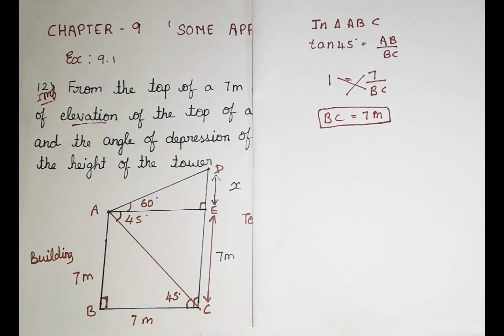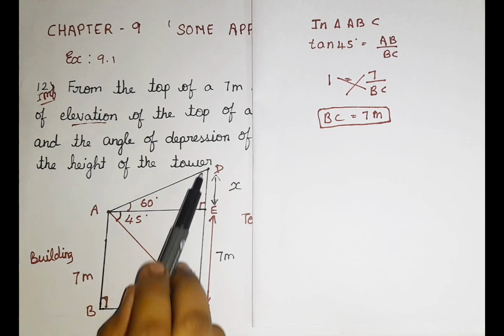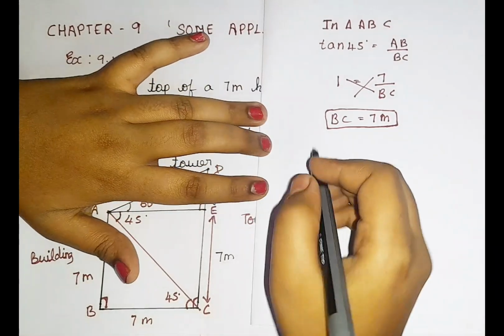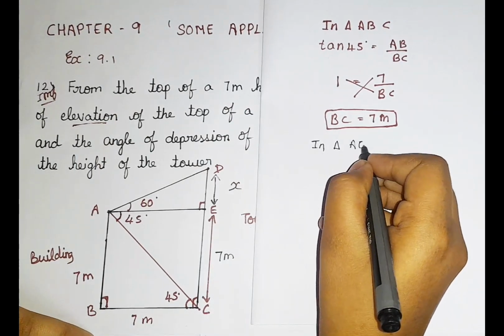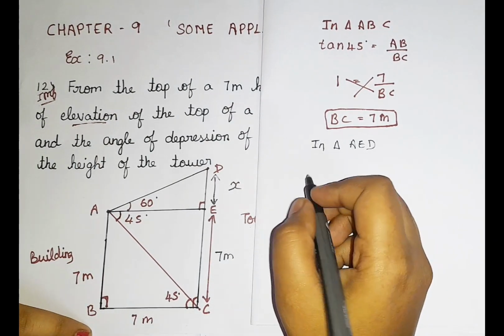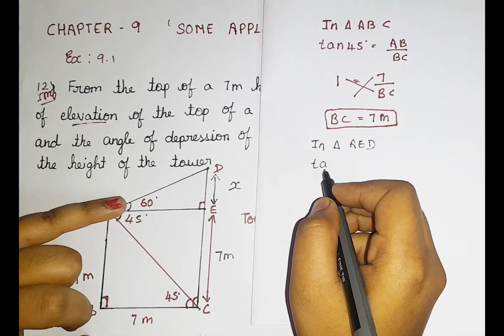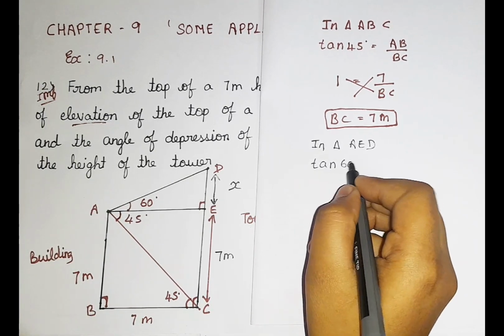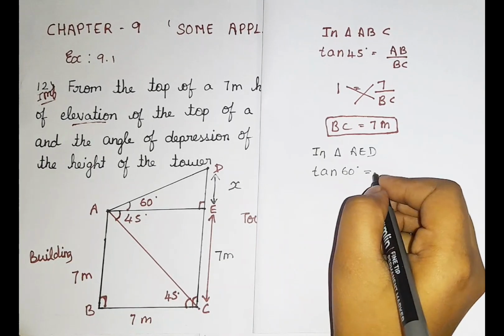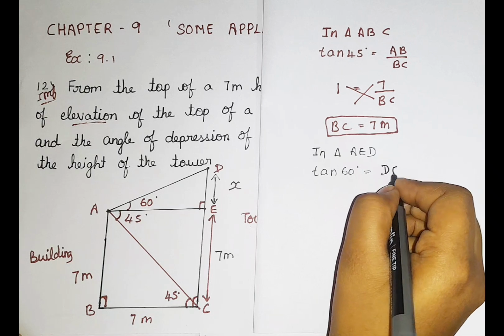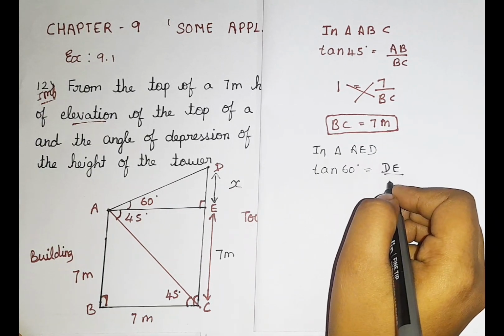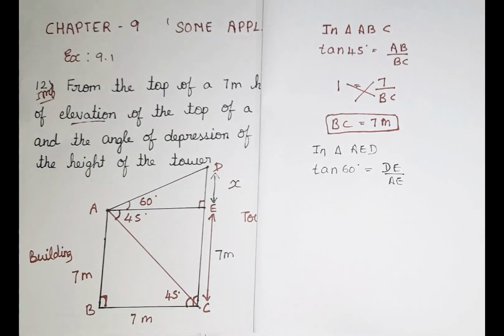Now let's take another triangle, that is triangle AED. In triangle AED we are going to use tan 60 degree. Tan 60 degree is equal to opposite side DE over adjacent side AE.